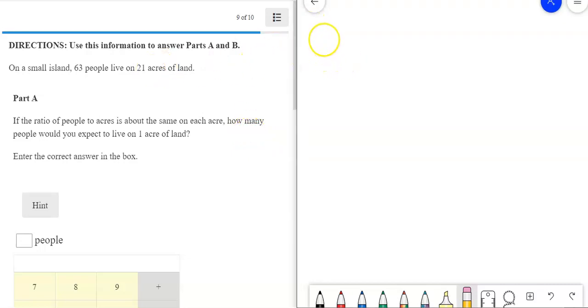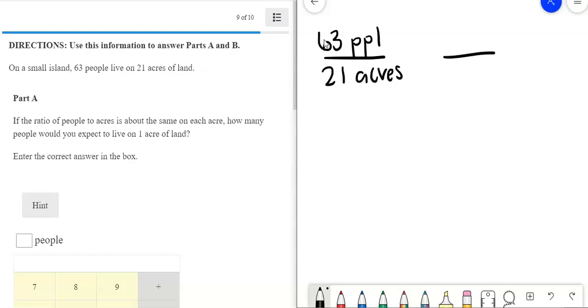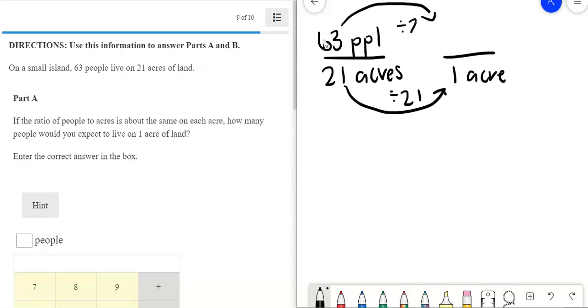So I have 63 people on 21 acres. We want to figure out for 1 acre. So I'm going to be dividing by 21 to get 1. If I divide by 21 on the bottom, I'm going to divide by 21 on the top. 63 divided by 21 is 3 people.